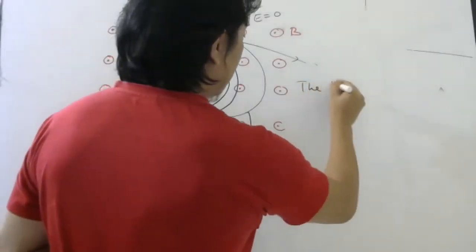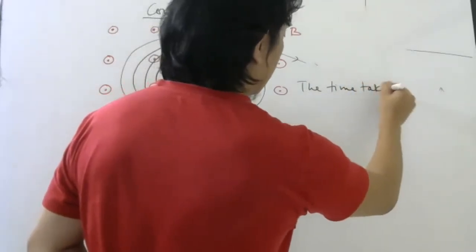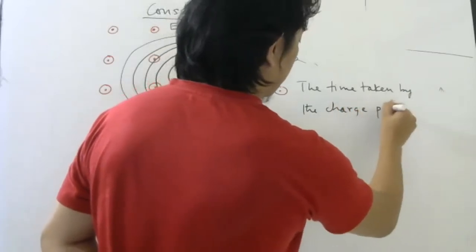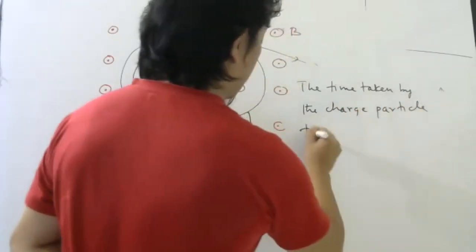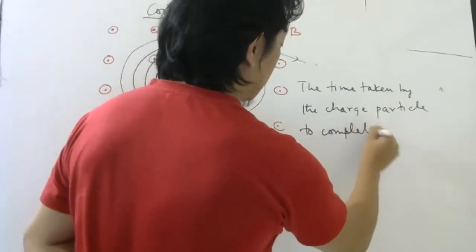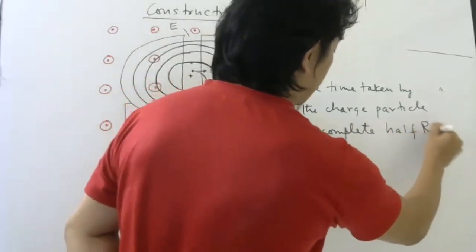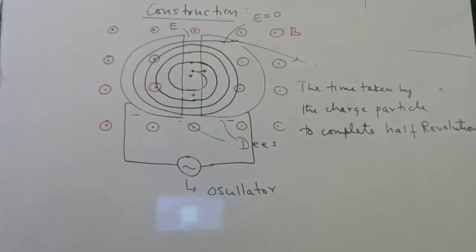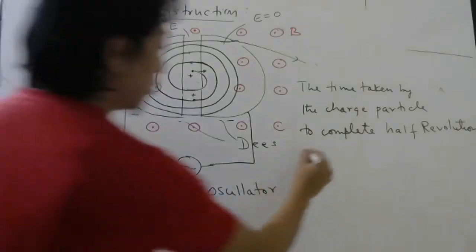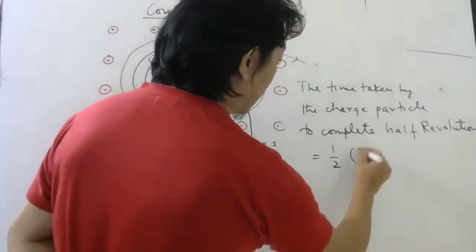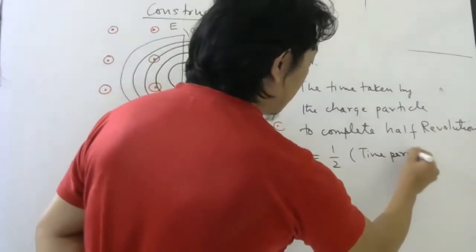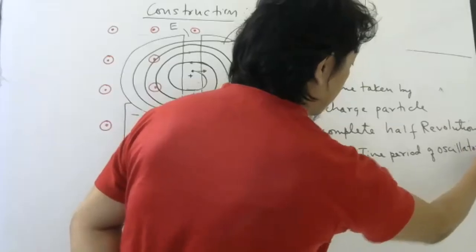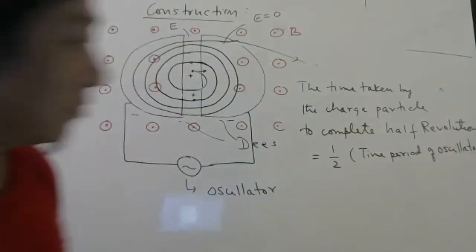The time taken by the charged particle to complete half revolution should be equal to half of the time period of the oscillator.